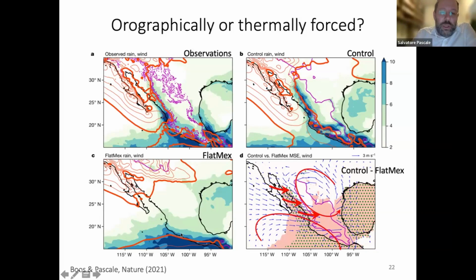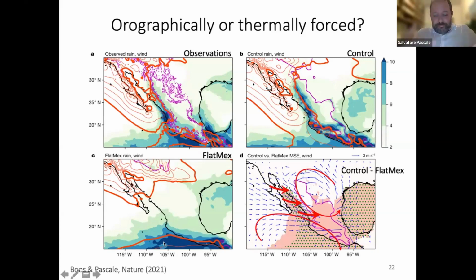Looking a bit more into the dynamics of the response, what we find out is that the topography over Mexico originates a stationary Rossby wave, which is associated with these two gyres here, which is associated with a strong enhancement of the westerly flow in the lower atmosphere.